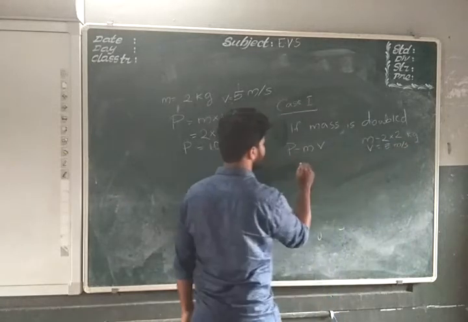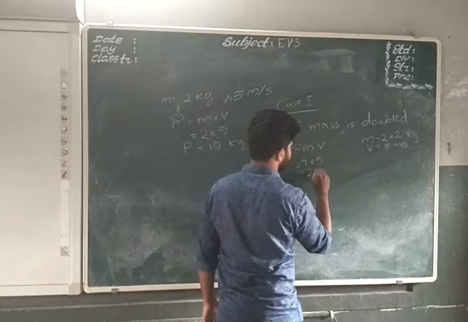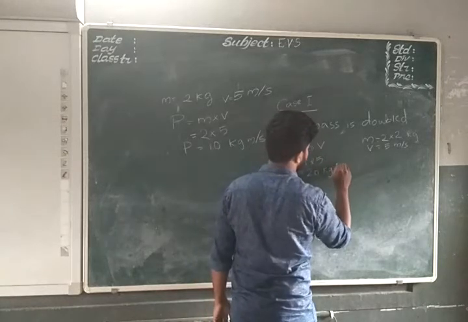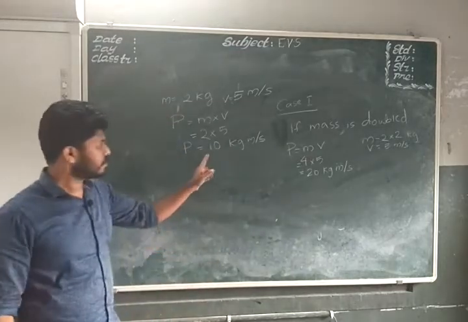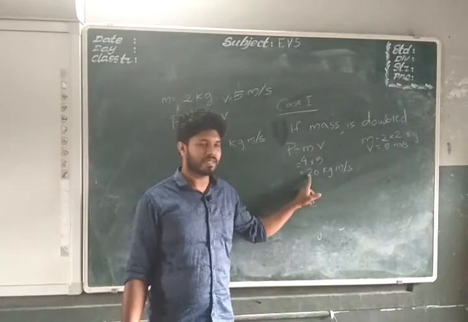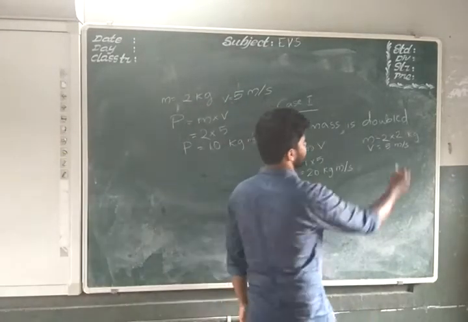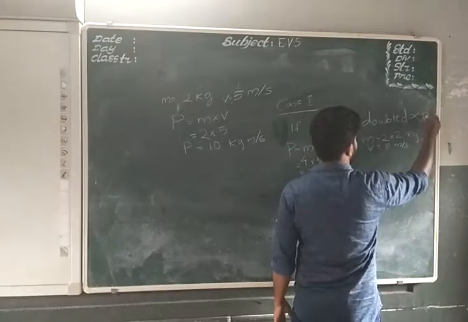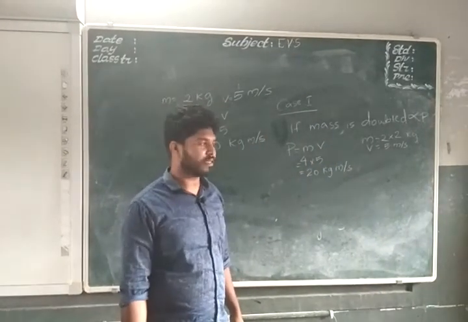So 2 into 2 equal to 4 into 5, which is equal to 20 kilogram meter per second. See here, at first it was 10 and now it is 20. So if the mass is doubled, what happens? Momentum is also doubled.